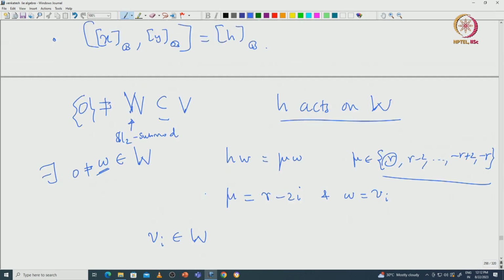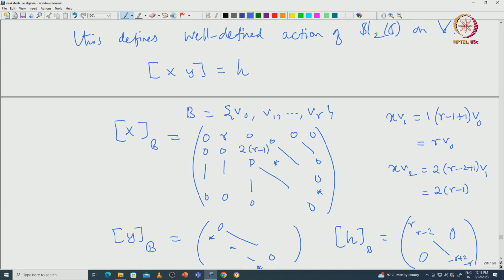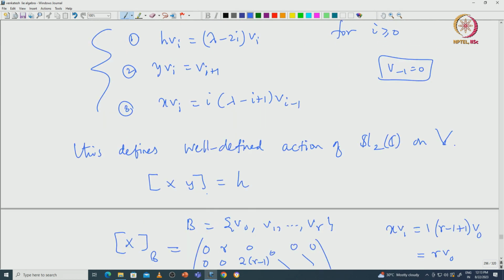Now, look at the action of x and y. Suppose v i is there. If you use the action of y, then from this v i you will be able to go to v i plus 1. Similarly, from v i plus 1 you can go to v i plus 2 and so on.